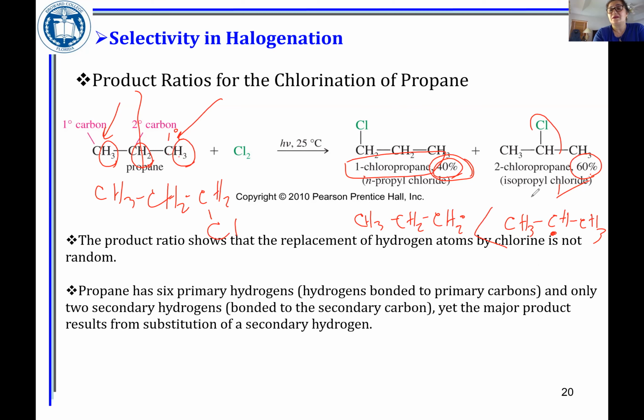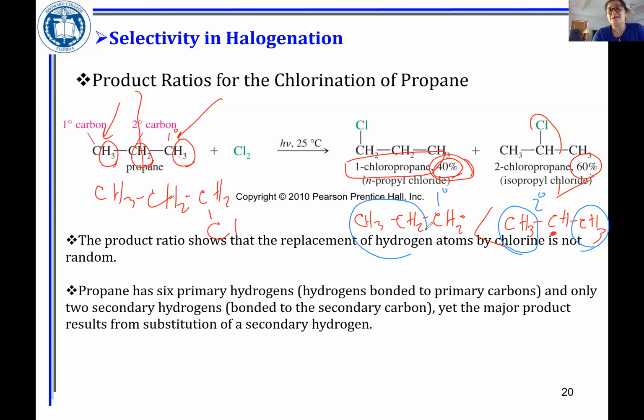The free radical that forms by losing a secondary hydrogen is a secondary free radical, and it is more stable than the primary. The reason for secondary to be more stable is the number of groups attached to this free radical carbon.